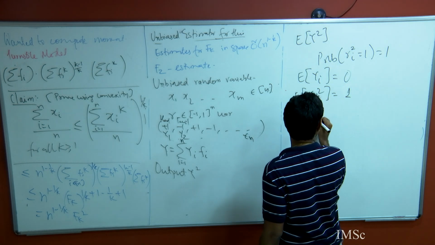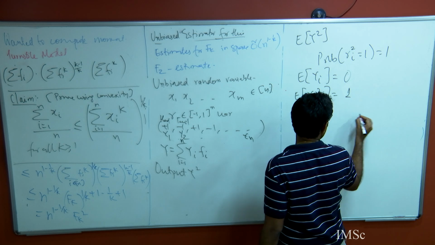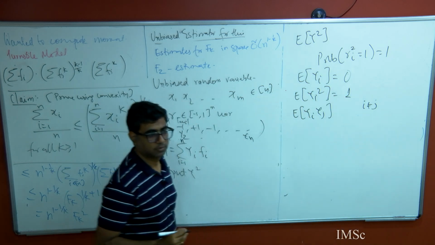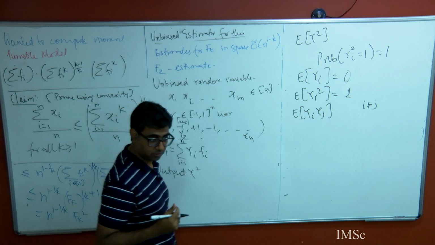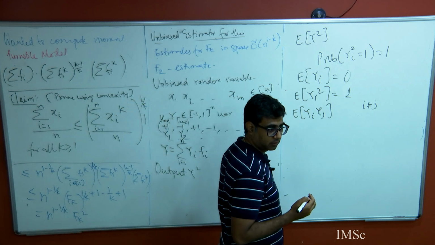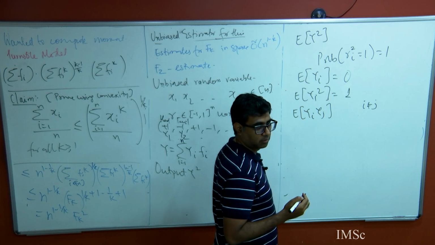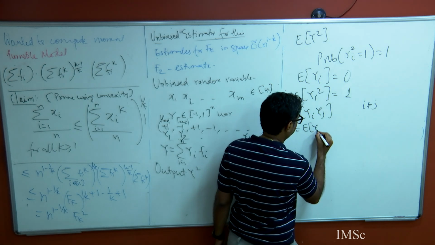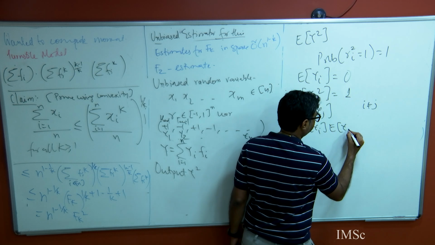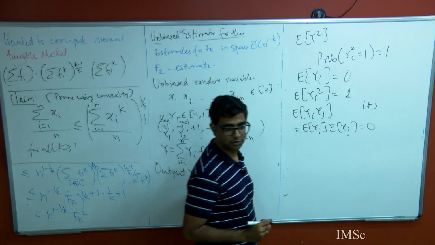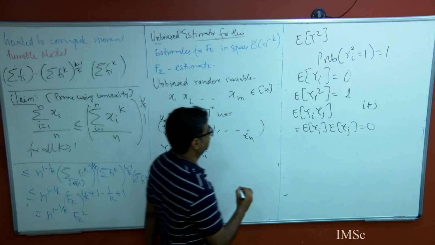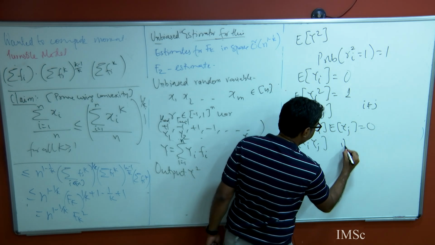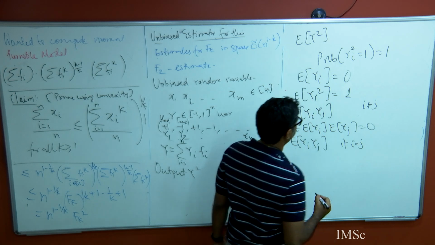What is the expectation of Yi Yj for i not equal to j? It is 0. Why? Because they are independent, so this is the expectation of Yi times the expectation of Yj, which is 0 if i is not equal to j.